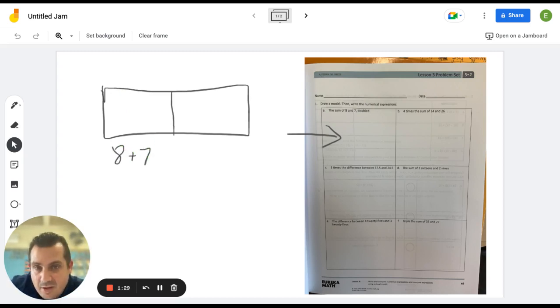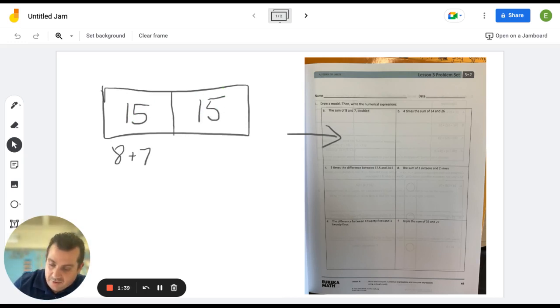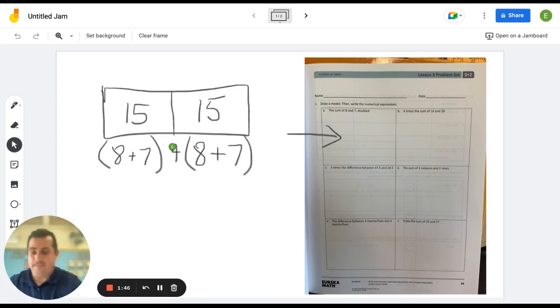The sum of 8 plus 7 is 15. And if I'm doubling that, I'm going to put another 15. So really what I did was 8 plus 7 twice. I'm going to put those in parentheses, and I added it up. So it's 8 plus 7 plus another 8 plus 7 because I'm doubling it, which would be 15 plus 15.